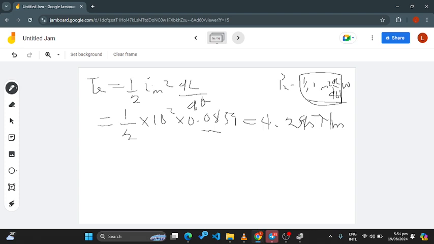Now, it will have units. Inductance is Henrys per radian. Okay, so that's the torque.